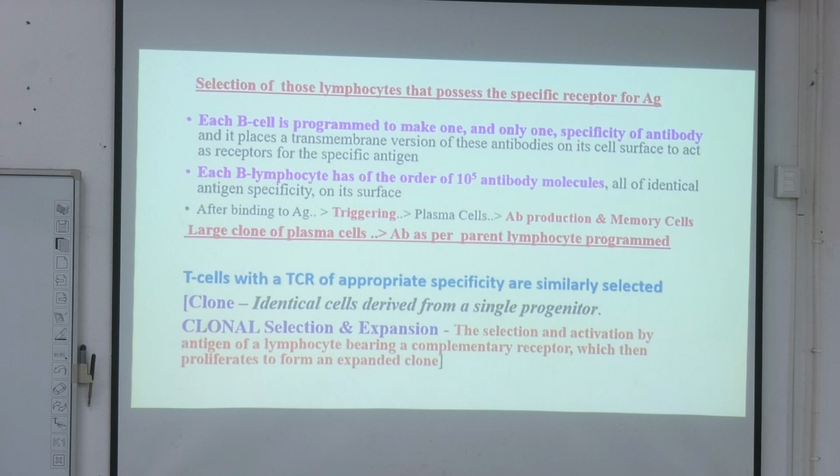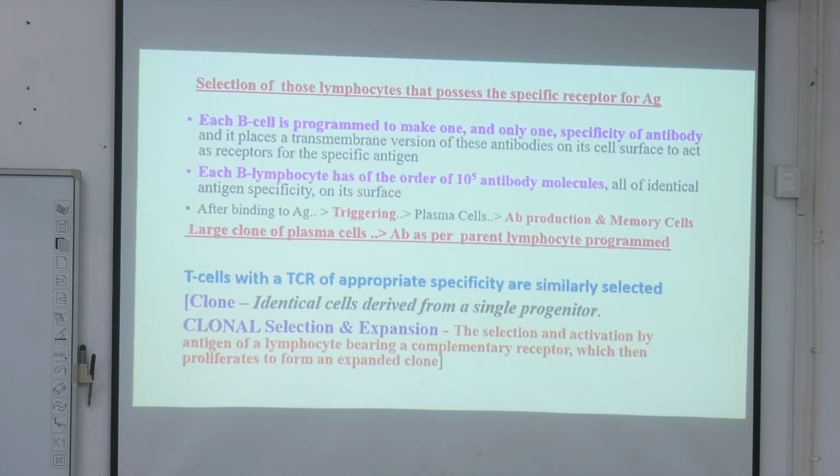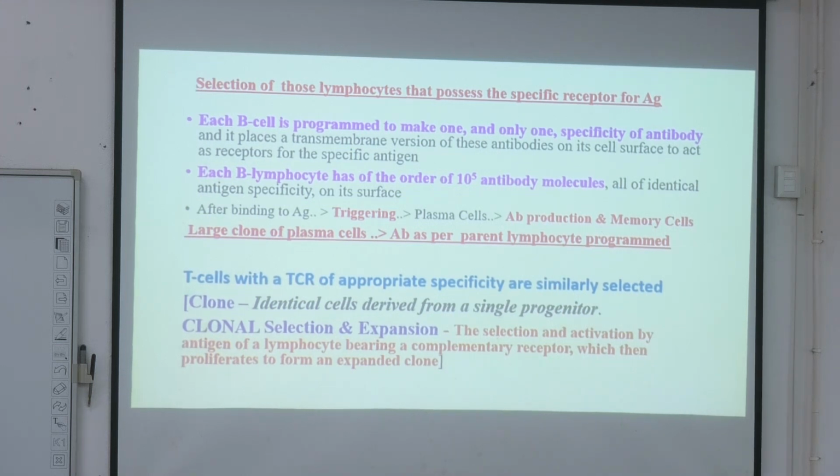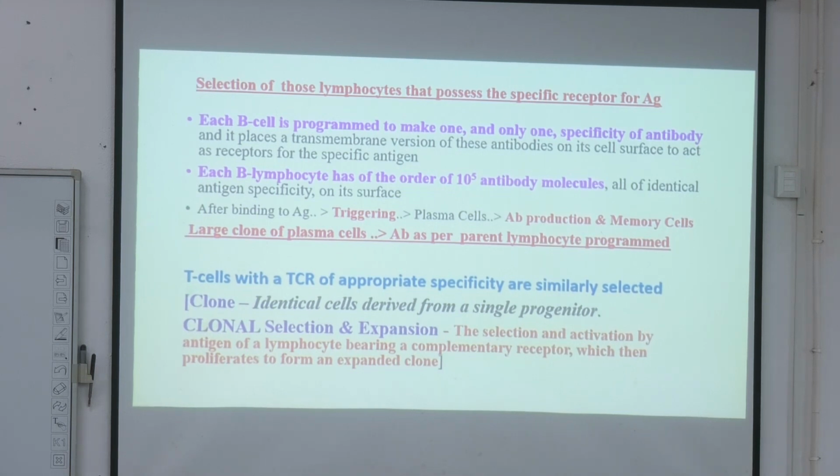The moment we encounter any foreign antigen, the B cell recognizes that particular antigen, and that cell undergoes proliferation. That is selection of that cell, called clonal selection. Clone means a group of cells originating from one cell. So, that clone of cells will be produced and will go on expanding.